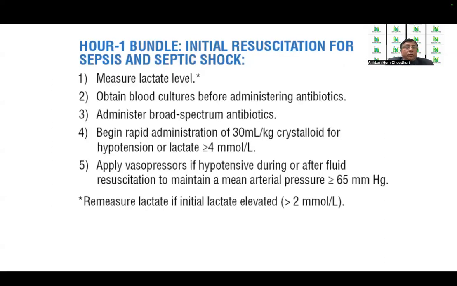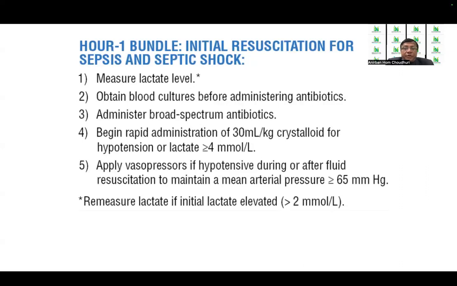If we look into the 1-hour bundle suggested by the Surviving Sepsis Campaign guidelines, it clearly states these 5 steps which have to be initiated in all centers. 1, measure the lactate level, and remeasure if the lactate is elevated for more than 2 after taking necessary measures.